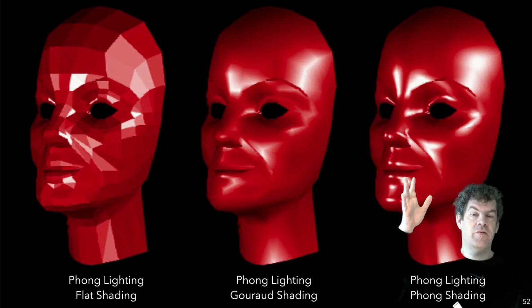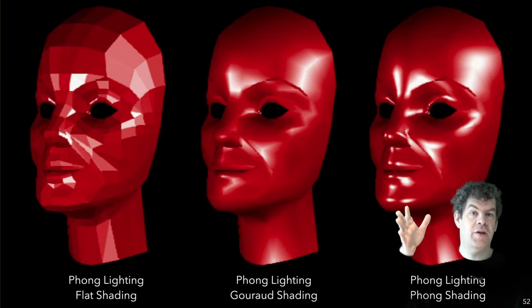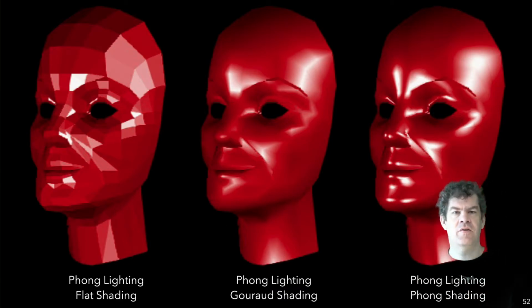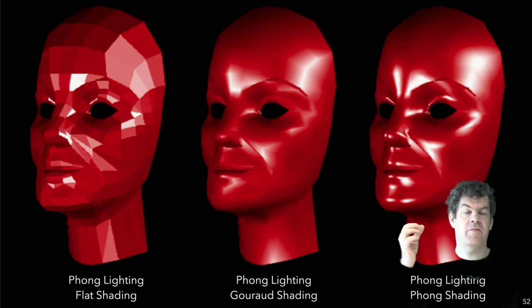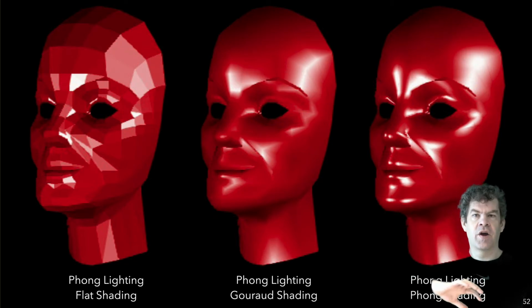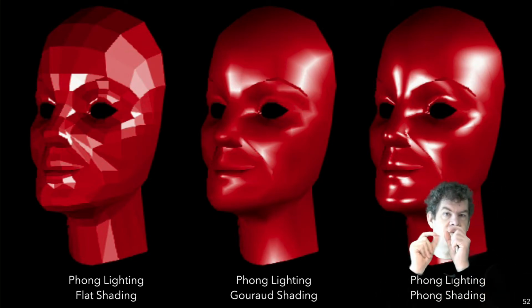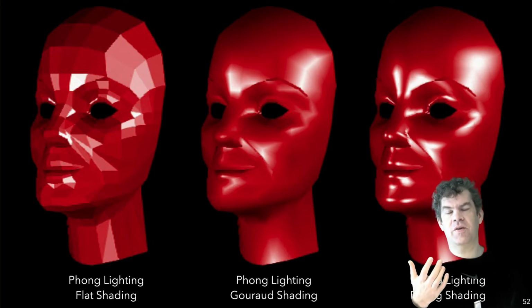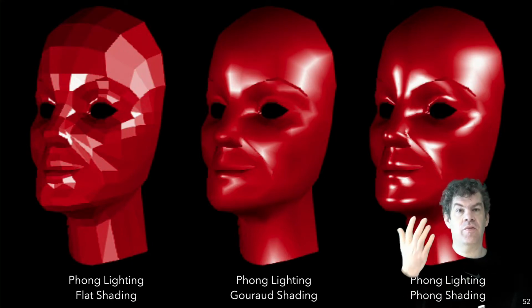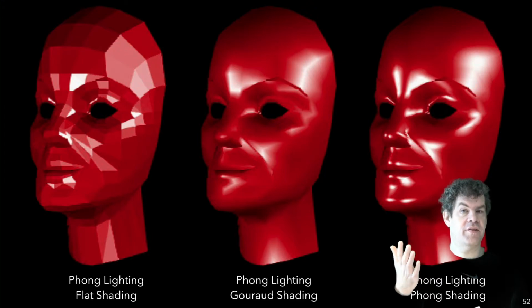Whereas here, we need to interpolate and then do the lighting computation for each pixel. Generally, you can assume that you have more pixels than you have vertices. That's not always true. If your resolution is super high and your triangles or whatever polygons you use tend to be very small, it might actually be the case that you generate fewer pixels than triangles, right?